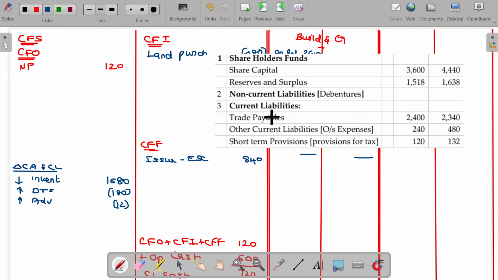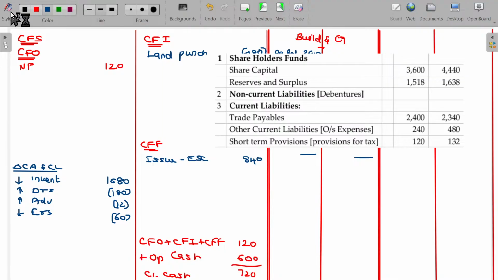And related to the current liabilities, trade payable 2,400 becomes 2,340. Decrease in trade payables or creditors. How does this decrease? You might have paid, so it's an outflow of cash. How much is that? 60 rupees being the negative value.